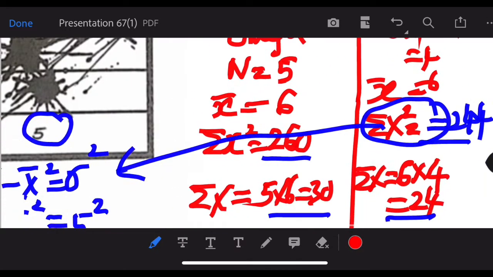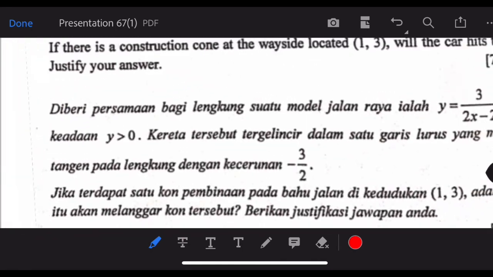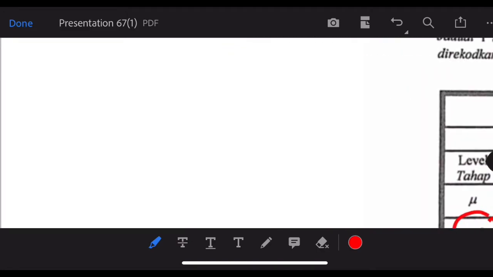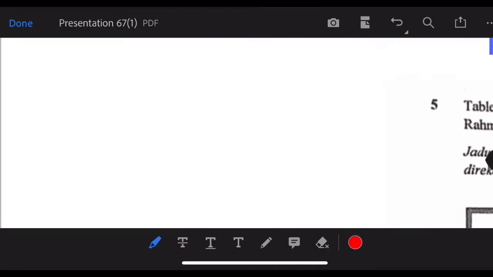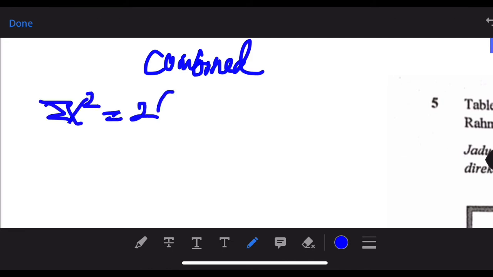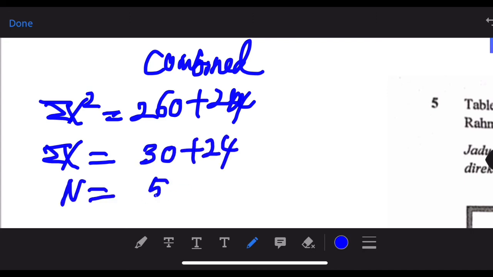Let me find a space to do this. Combine meaning that we need the sum of the data square for both, so we have 260 plus 244, the sum of data which is 30 plus 24, and the number of data which is 5 plus 4.